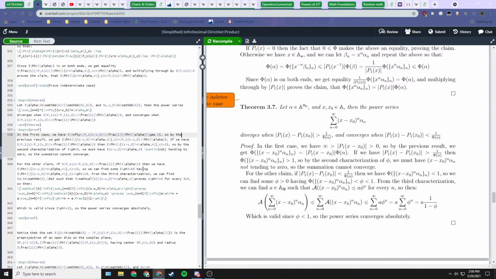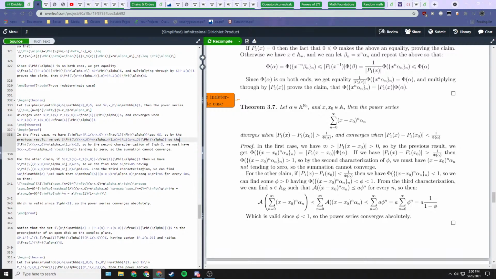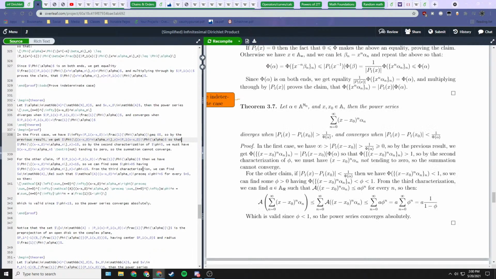Okay, by the previous result, we get this and that, so this is true, which is strictly greater than 1.